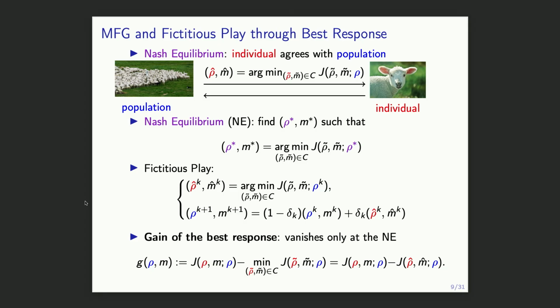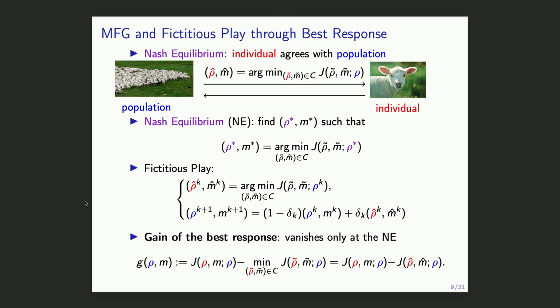So the Nash equilibrium is just, I want to find the rho star whose minimizer is still itself. And then what is fictitious play? Fictitious play is just I fix one density distribution, I solve for the best response, then I take the average.